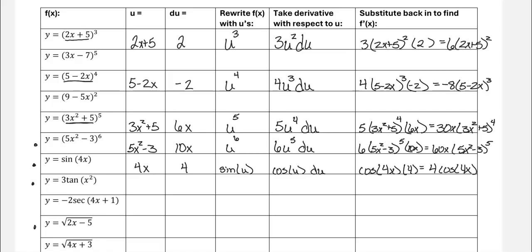And that next one, we have 3 tangent of x squared. U is x squared. Du is 2x. So my rewrite is 3 tan of u. And the derivative of the tangent is secant squared.